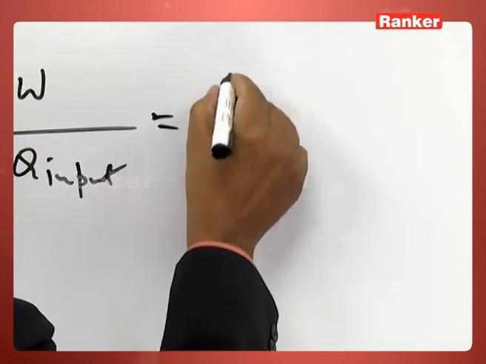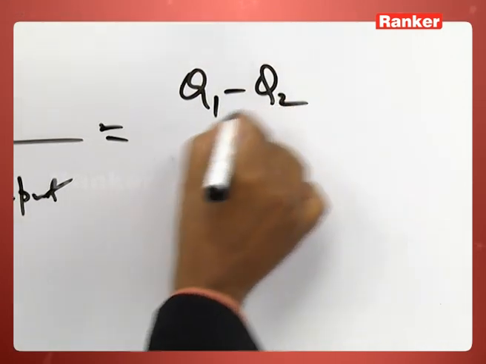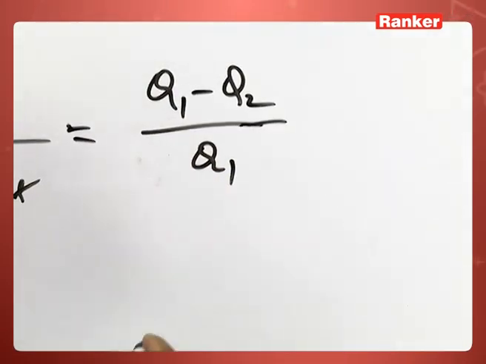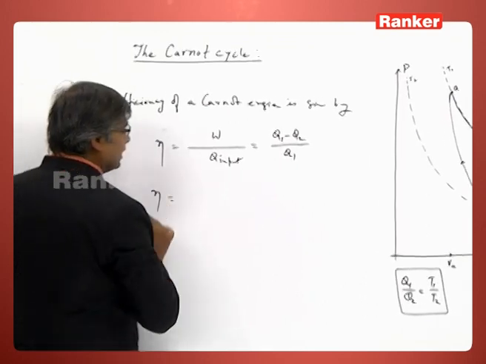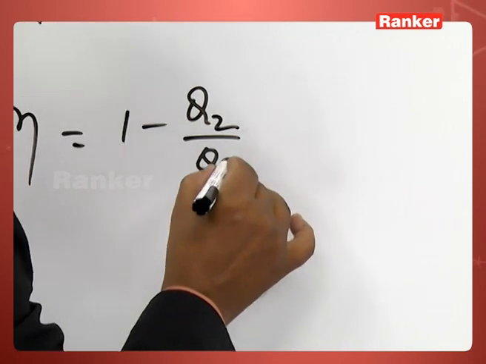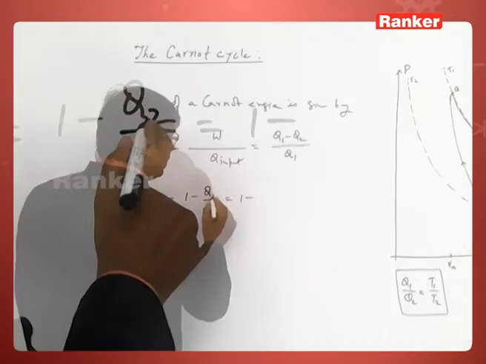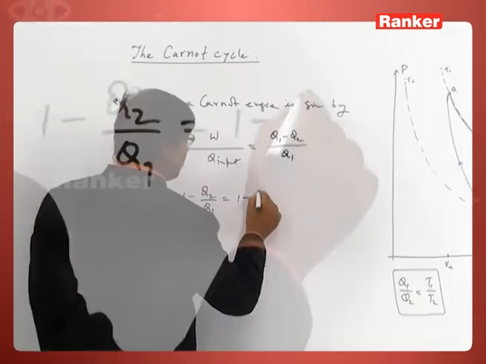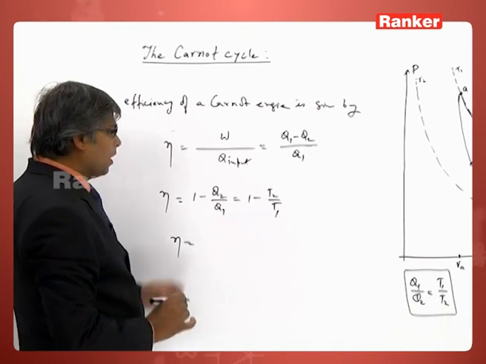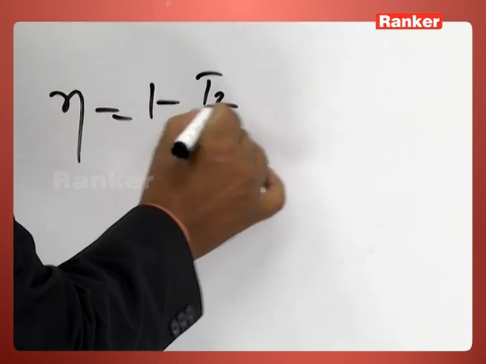So you see work will be Q1 input minus Q2, the heat rejected gets converted into work, by Q1 input. So we have efficiency as 1 minus Q2 by Q1, which is equal to 1 minus T2 by T1. So the efficiency of a Carnot engine is equal to 1 minus T2 by T1.